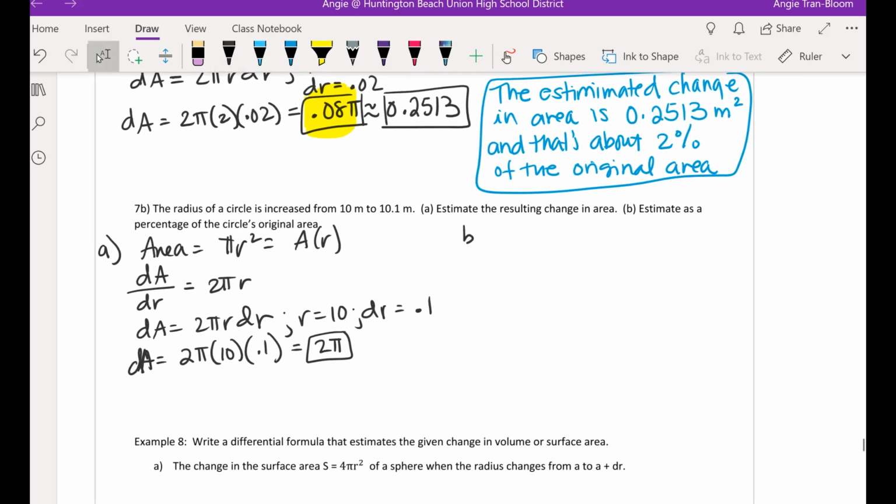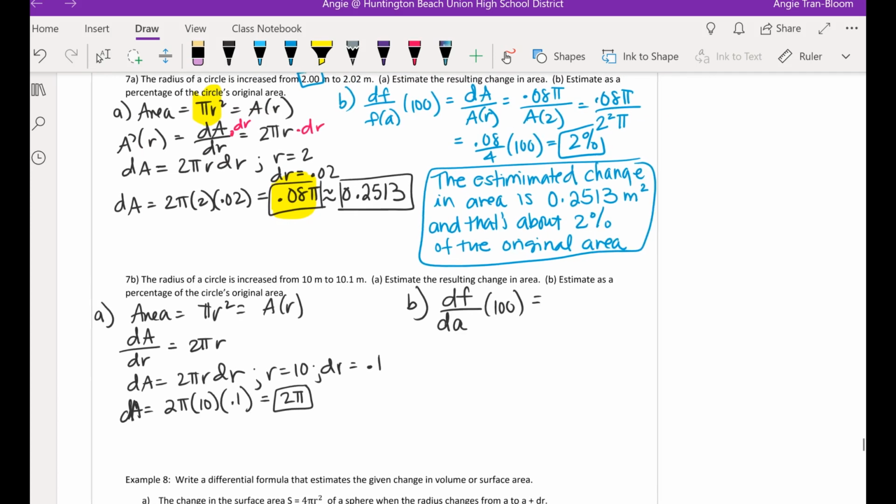Part B, let's figure out what percentage that is in comparison to its original area. So we are going to do df over f of a based on your formula times 100. I don't have df though, I do have dA, because that's the area over A of r. Okay. Well, dA, we already found it.